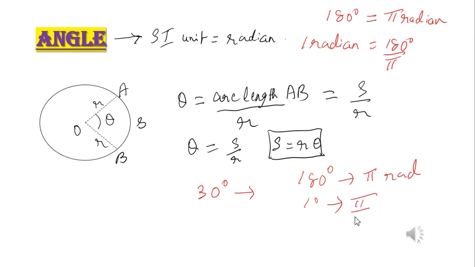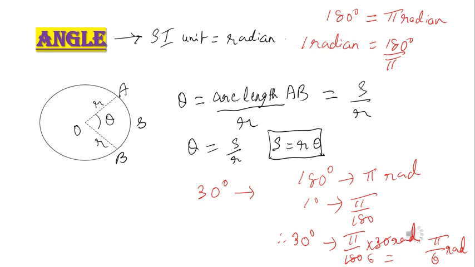Pi by 180. So therefore 30 degree value is how much? It will be pi by 180 into 30 rad. So it is going to come: 6 times 30 is 180. So pi upon 6 rad.